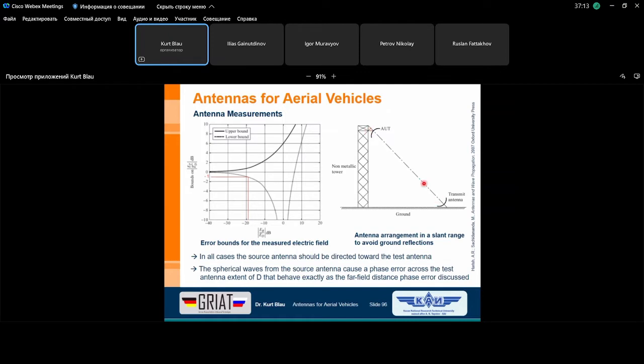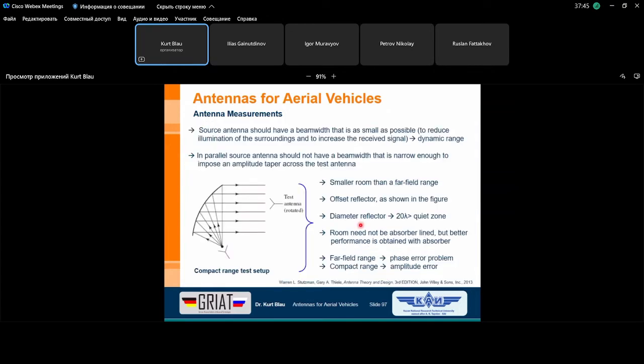But this setup limits the dimension of the antenna to measure, because if you have a tower with a certain height, then you can make this distance a little bit larger by changing it, but normally you are limited in the measurement area. Okay, this was the discussion regarding the influence of the ground reflection.